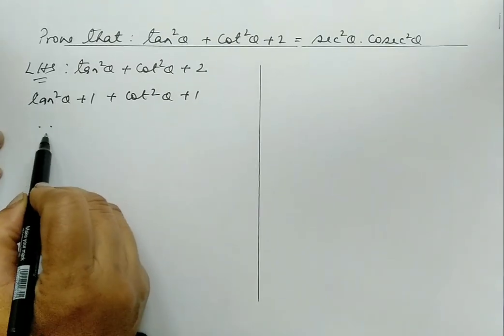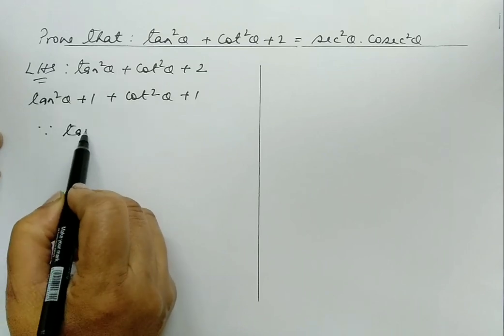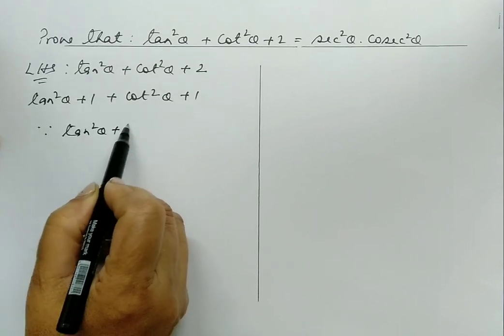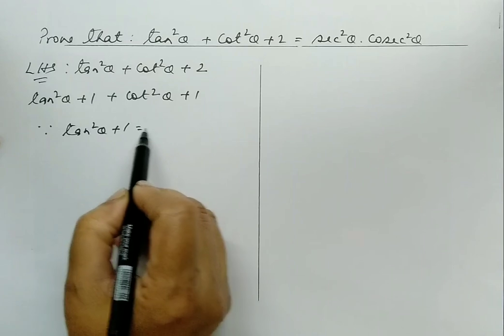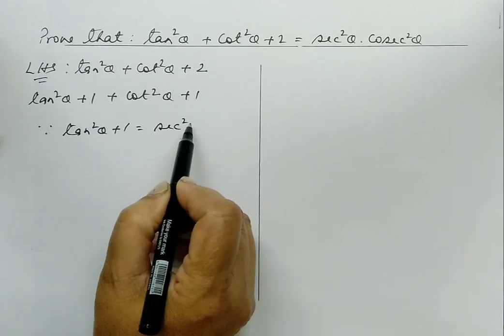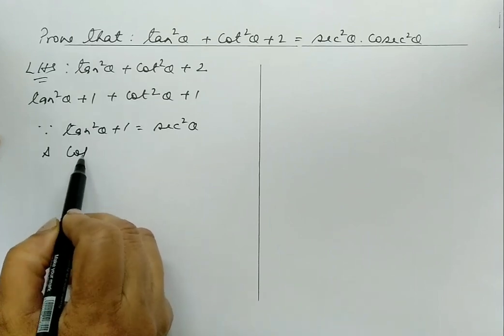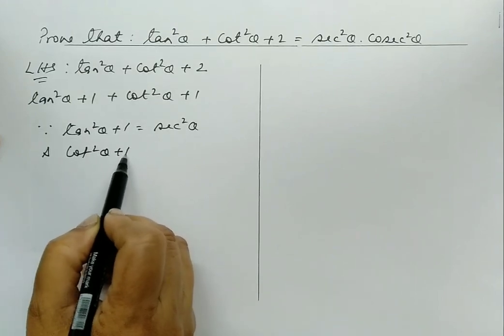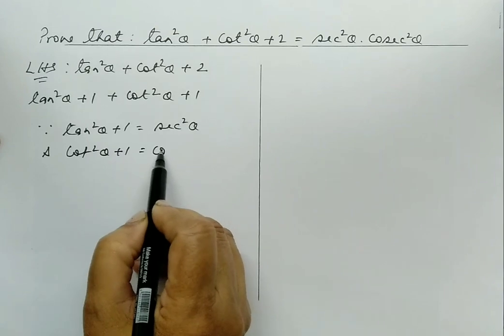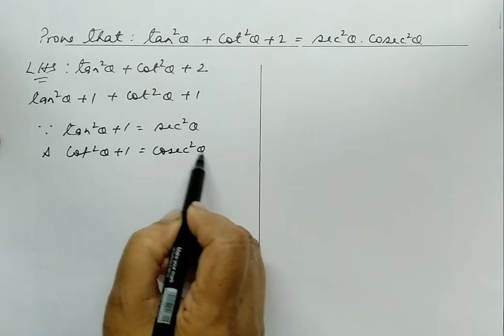Now, we know that tan square theta plus 1 is equal to sec square theta, whereas cot square theta plus 1 equals cosec square theta.